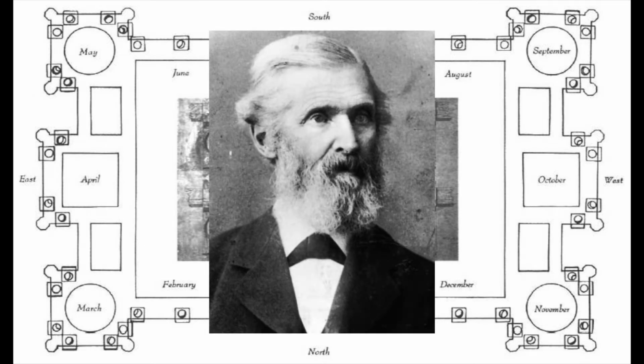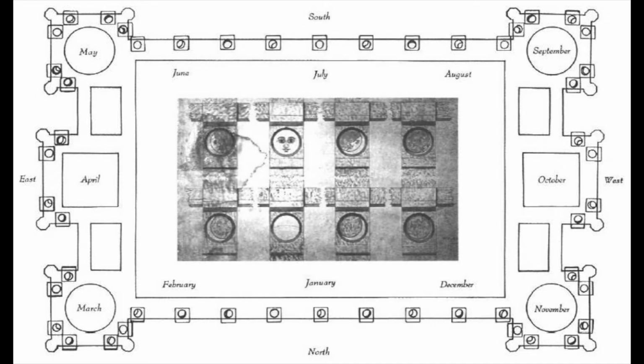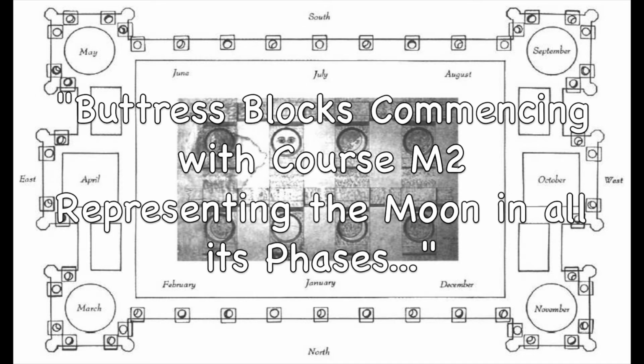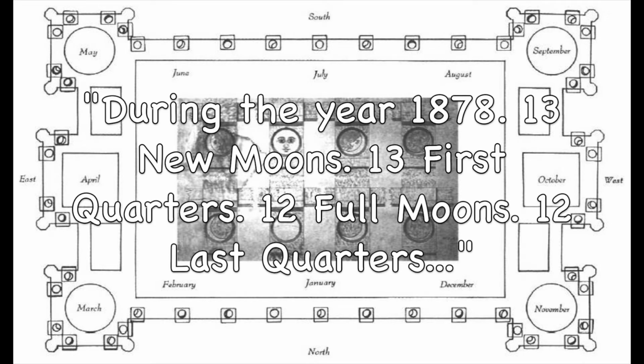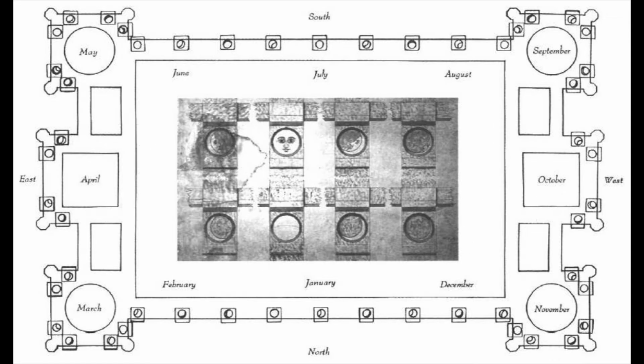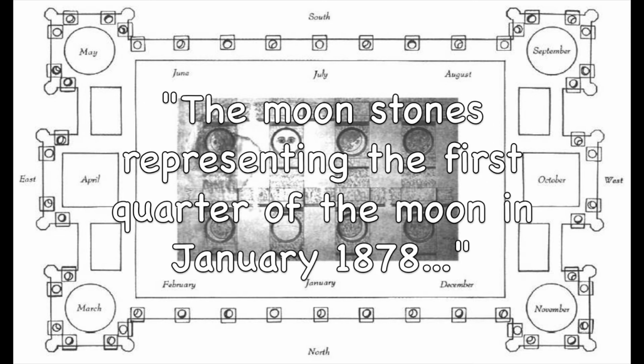According to the temple architect, Truman O. Angell, Orson Pratt's 1878 observations were arranged according to the calendar along the temple walls. January 1878 is located on the north wall, while April is located on the central east tower.